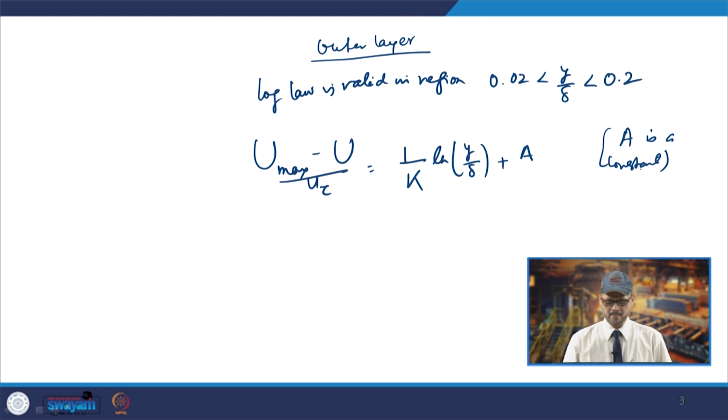This law is the velocity defect law, and it is many a time also called the law of the wake.